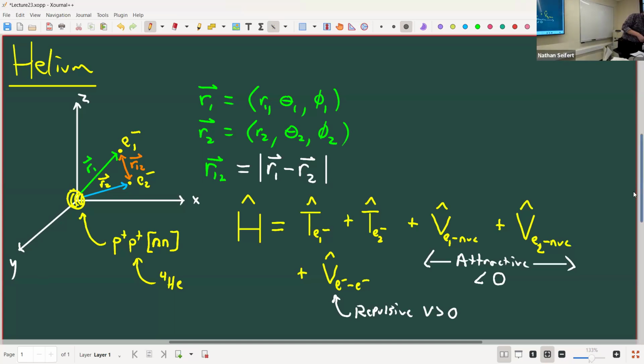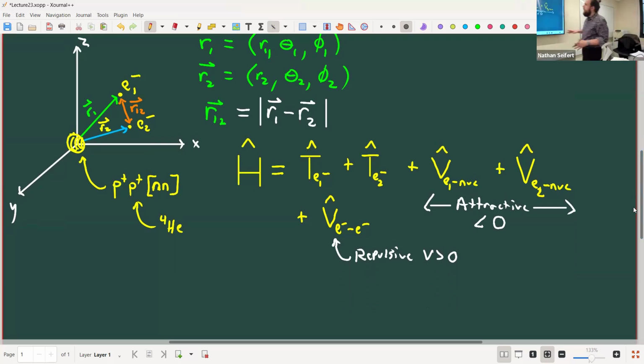Well, I can rewrite this a little bit, right? If you think about it, other than this term, if I turn this term off, in some sense I have an electron kinetic energy and a potential energy which only depend on electron 1, and 2 terms that only depend on electron 2. So I could separate these terms. Let me just rearrange things.